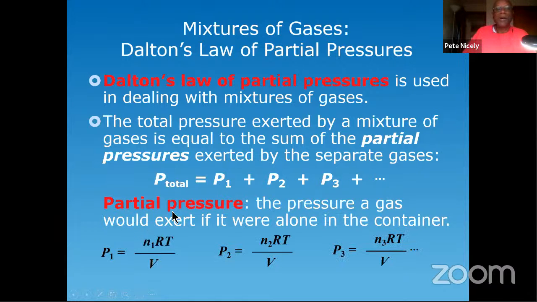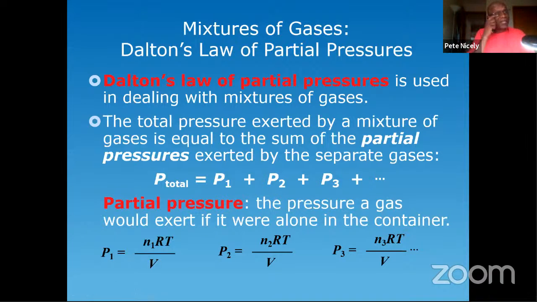When we're talking about the partial pressure, we're talking about the pressure that a gas would exert if it were the only gas in a container. Basically, the assumption is that each gas in a mixture will behave as if the other gas is not present in terms of the pressure that it exerts on the walls of the container it's in, all right?